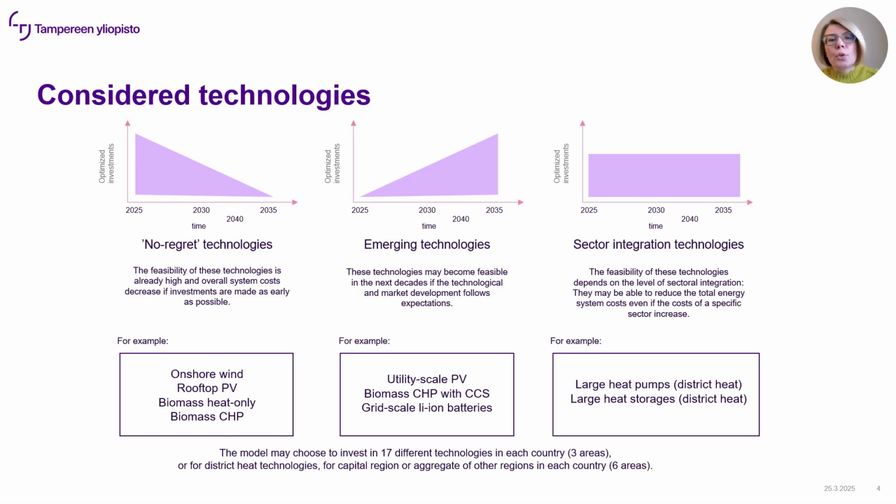This includes utility-scale PVs, biomass CHP with carbon capture and storage, and grid-scale lithium-ion batteries. The third group is sector integration technologies, which enhance flexibility across sectors. Examples include large heat pumps and large heat storage systems used for district heating.